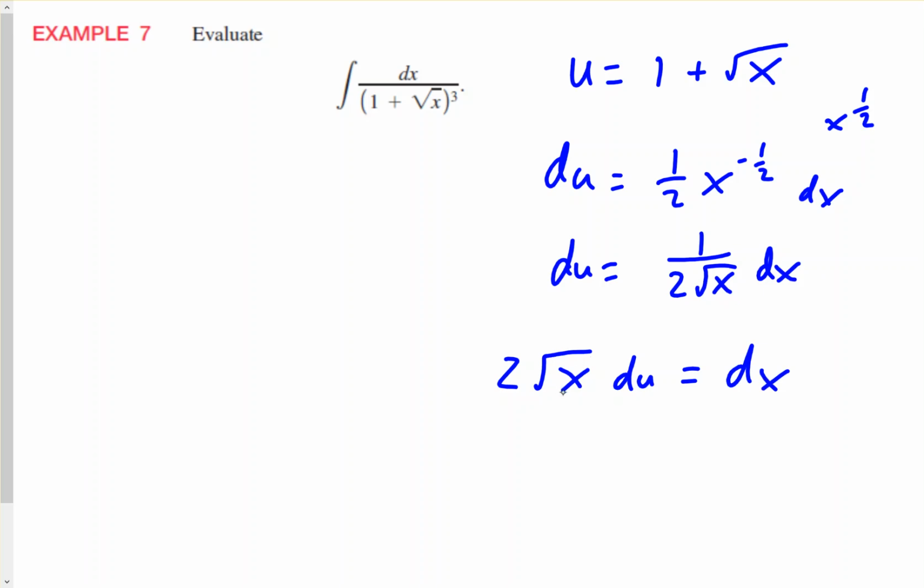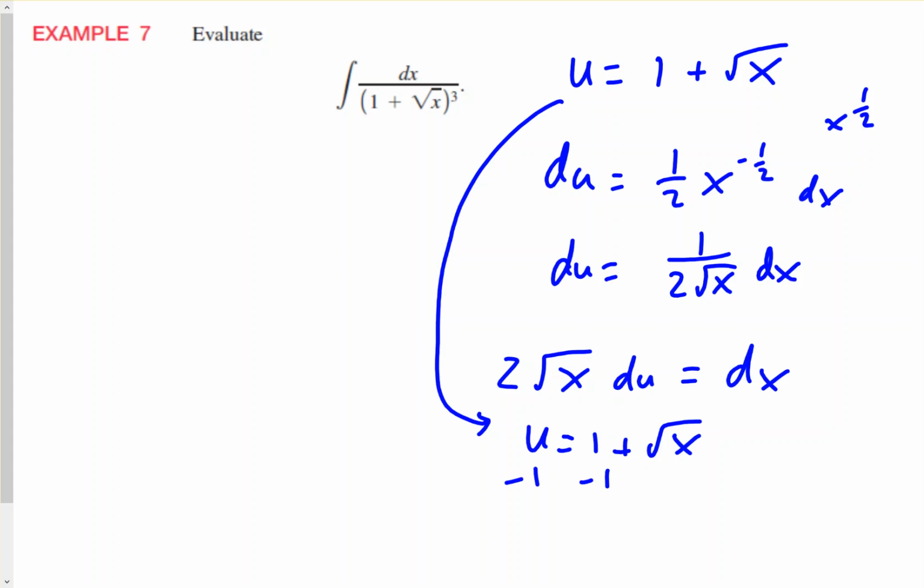Now I want to get rid of this radical x. So here's where my fancy substitution comes in. So this u, right? u equals 1 plus radical x. Well, now if I take away the 1 and take away 1, I get this solved for radical x equals u minus 1.